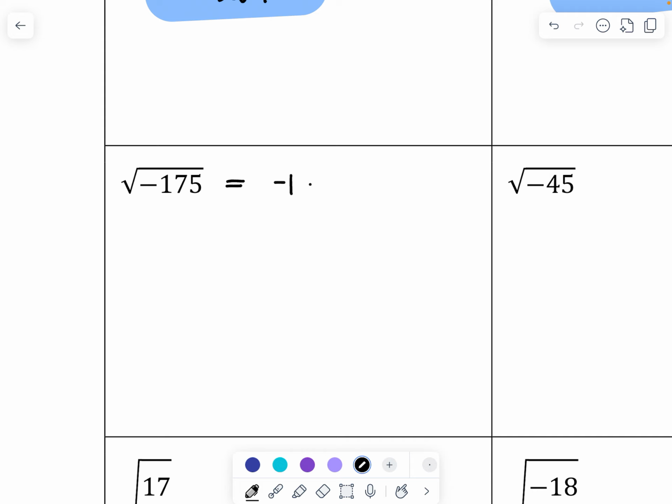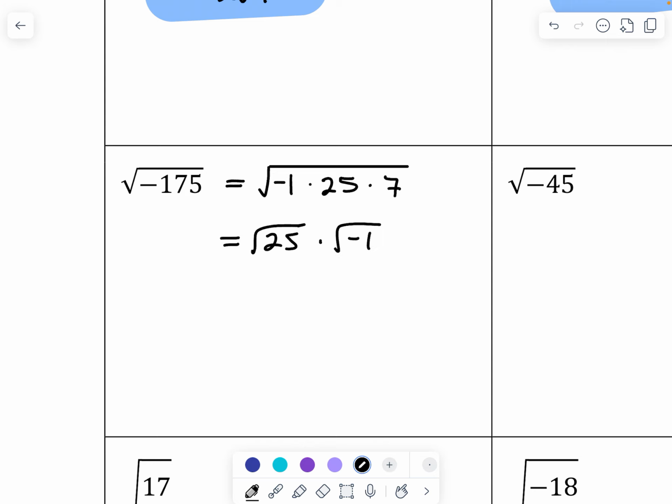Okay, 175 is divisible by which perfect square number? That's going to be 25. 25 times 7. Right, 175 is 25 times 7. We can break this apart. I'm going to rearrange the order here a little bit, and that's okay.